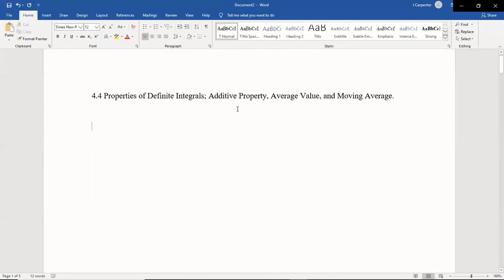So what we're building to ultimately is the area between two curves. That's what that first topic is really getting on about.